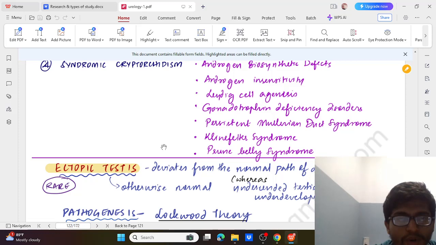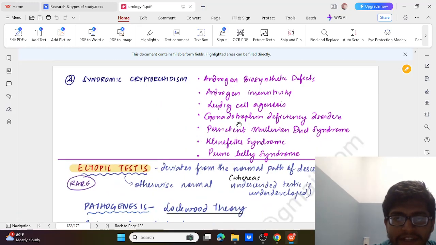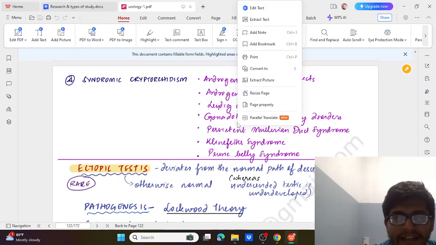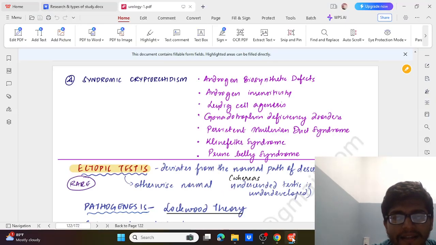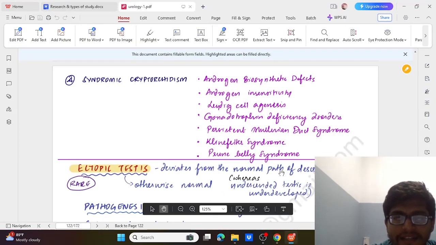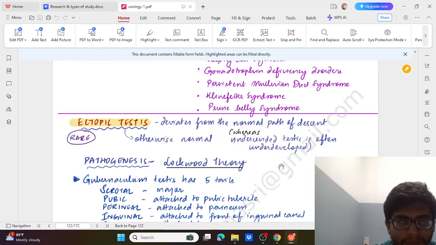Then there could be syndromic cryptorchidism, that is due to androgen biosynthetic defect, androgen insensitivity, Leydig cell agenesis, gonadotropin deficiency disorder, persistent Mullerian duct syndrome, Klinefelter syndrome, or prune belly syndrome.